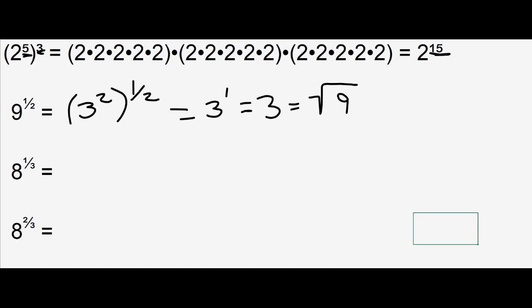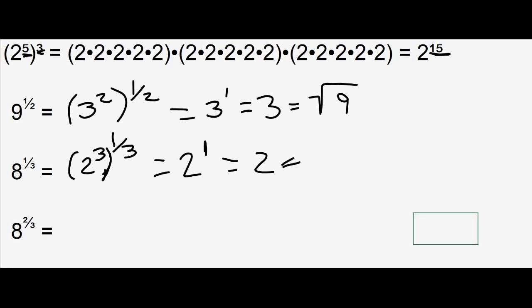If I look at 8 to the 1/3 power, I'm going to rewrite 8 as 2 to the 3rd power. When I multiply 3 2's together, I get 8. So I can call the 8 2 to the 3rd power. I raise that to the 1/3 power. 3 times 1/3 gives me 1. So I get 2. 8 to the 1/3 power is 2.